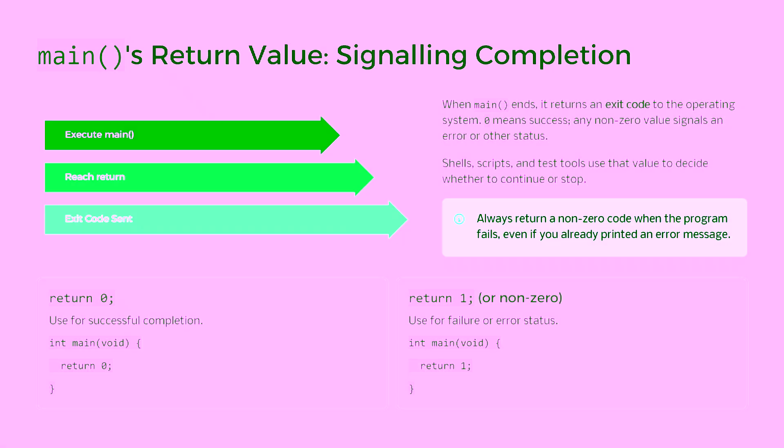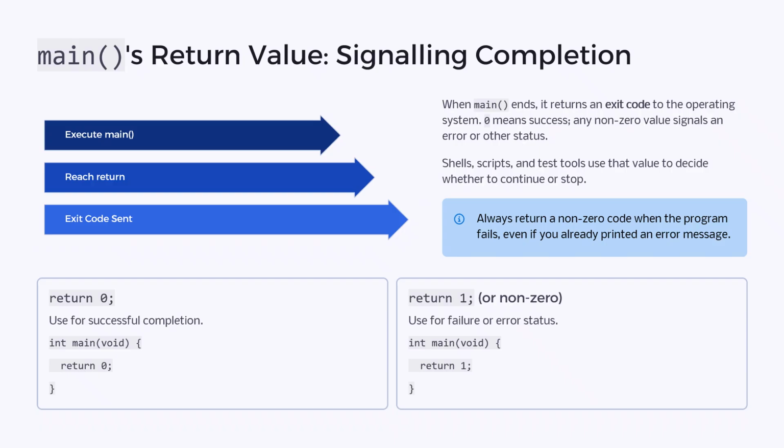Always return a non-zero code when the program fails, even if you already printed an error message. So whenever we are writing a main function, we should remember that we should return 0. Each main function's return indicates the success of the program, and if it returns a non-zero value, it indicates that the program has some error or was not executed properly.